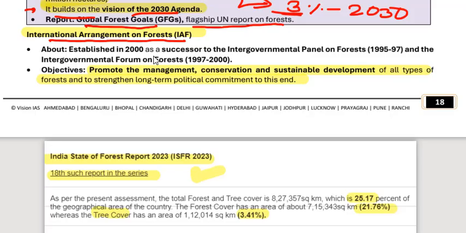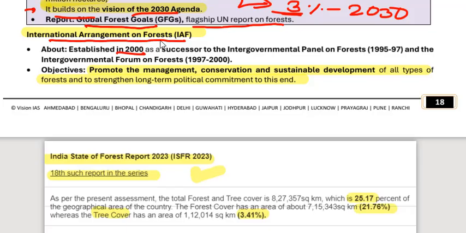This was established in 2000 as a successor to the Intergovernmental Panel on Forest, which ran from 95 to 97, and the Intergovernmental Forum on Forest, which ran from 97 to 2000. Understood? The international arrangement on forest was established in 2000.